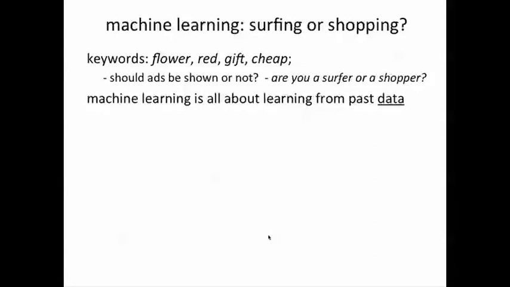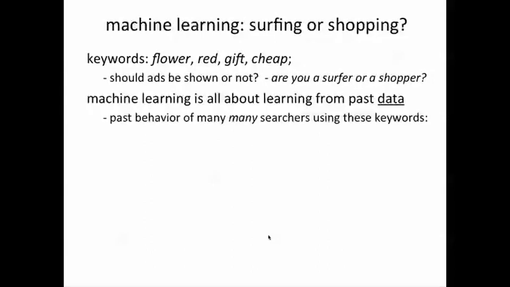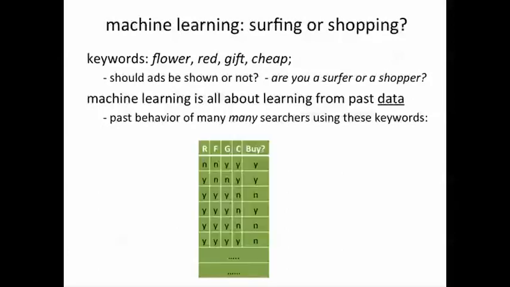We'll introduce machine learning very simply in a very basic manner by looking at the simple example of how one might guess whether or not to put an ad based on the past behavior of many searchers using just these 4 keywords. So let's suppose we have all the historical data. For example, somebody who used the keywords red, flower, gift, and not cheap and did not buy something.